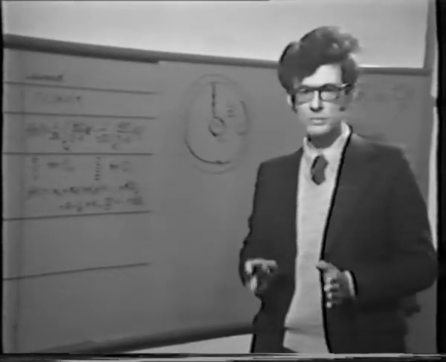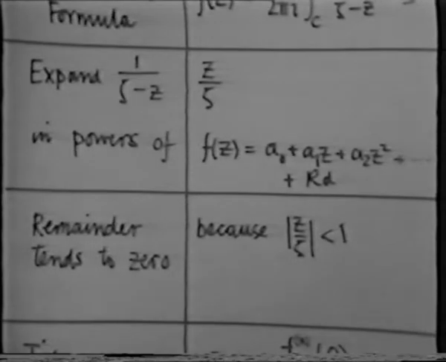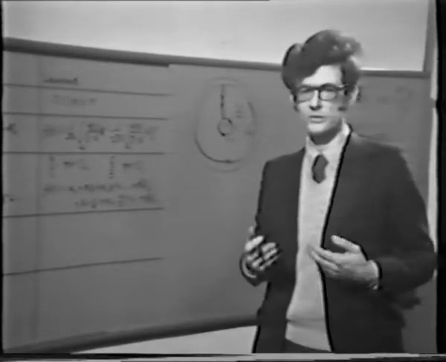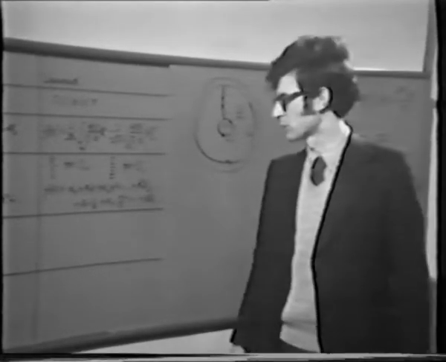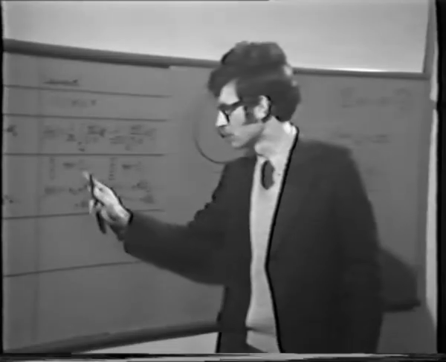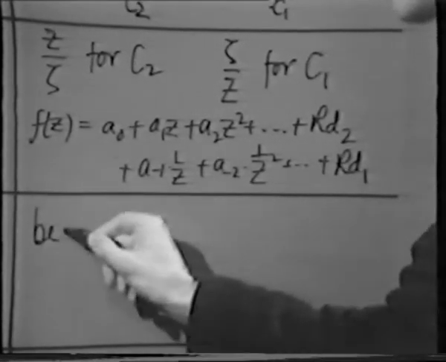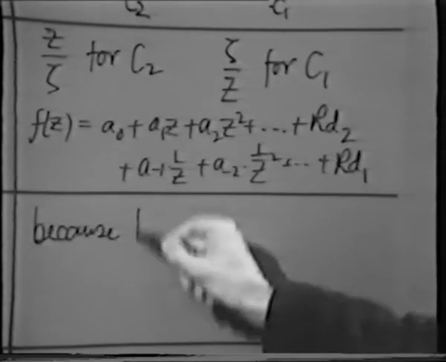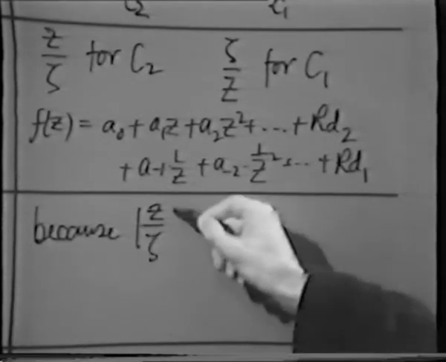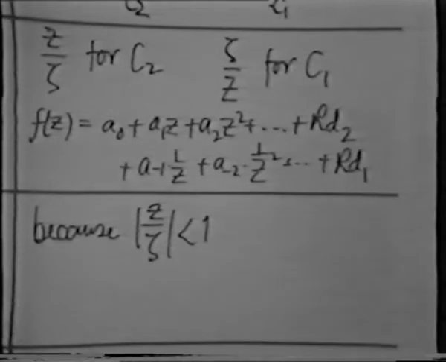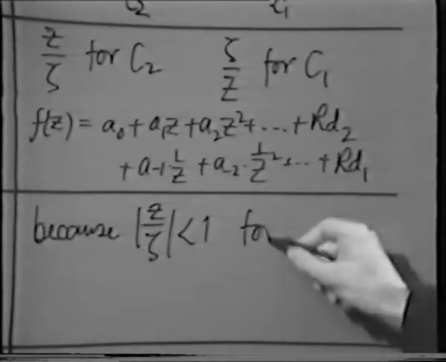Now then, the next step in the argument, if you remember, involved the remainders. We had to show that they tended to 0. The remainder in Taylor's series tends to 0 because mod z over zeta is less than 1. The remainder here, remainder 2, is going to tend to 0 because mod z over zeta is less than 1 when zeta lies on C2, so that will cope with remainder 2.